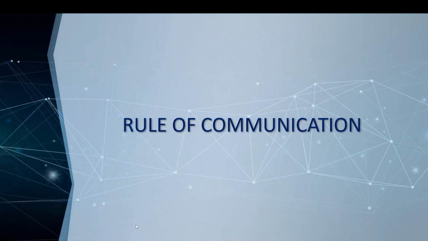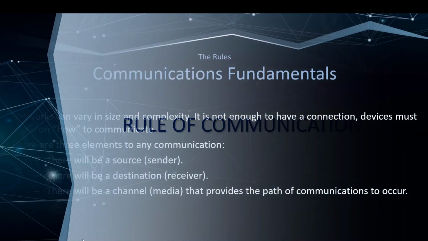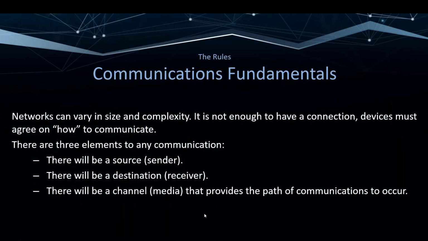So, rules of communication. As you can see here, there will be a source. In order for computers to communicate, there must be some source computer. So for example, let's say here we have a computer, this is PC1, communicating with the server on the other side.